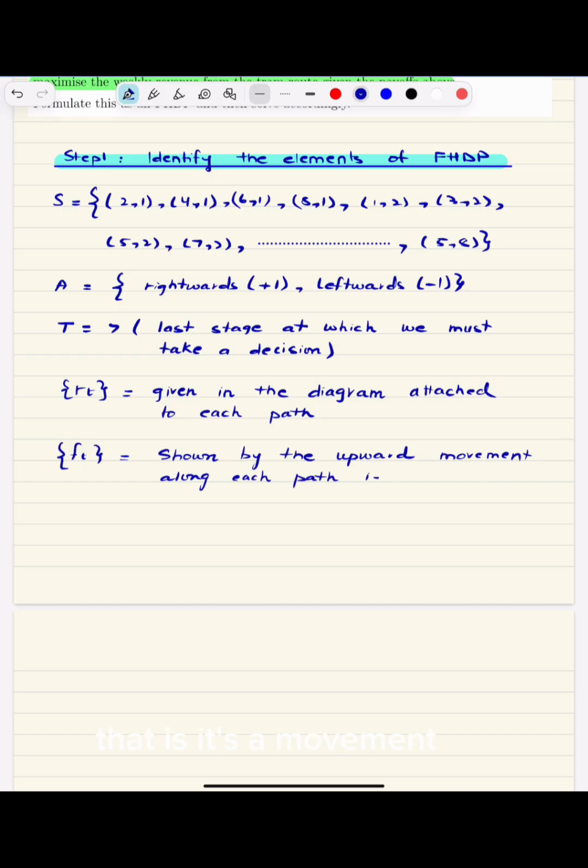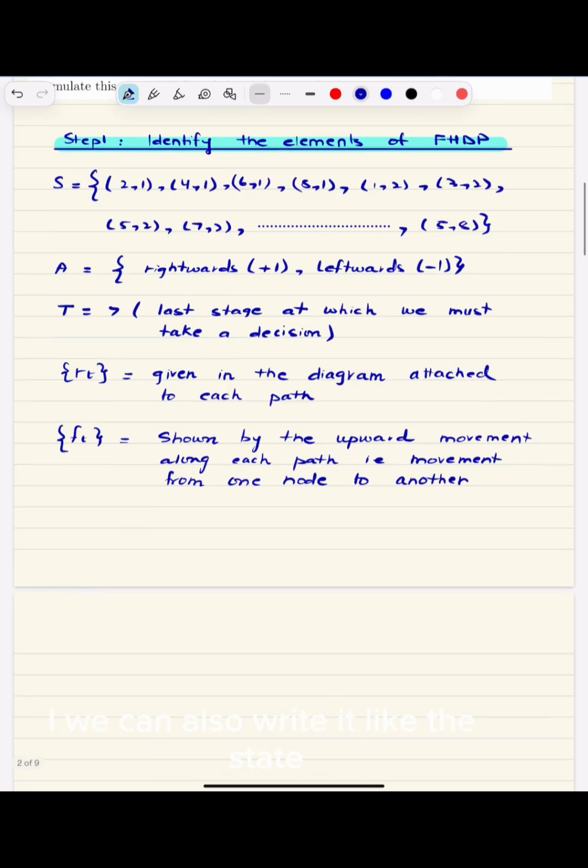That is, it's a movement from one node to another, so it takes you from one state to another state. We can also write it as: the state in the next period is a function of the state in the current period and the action that you take in the current period.